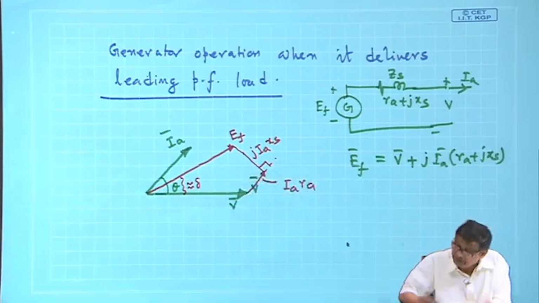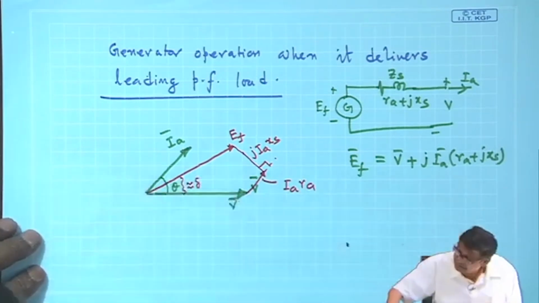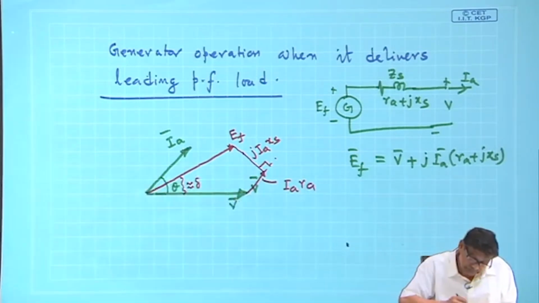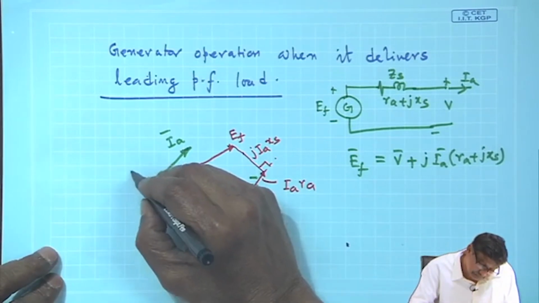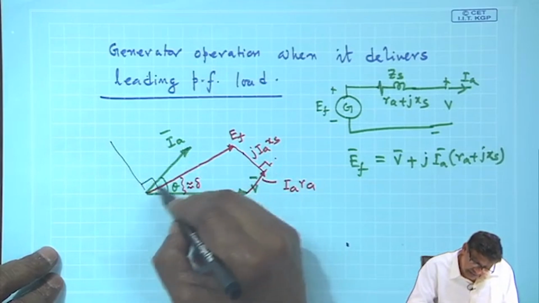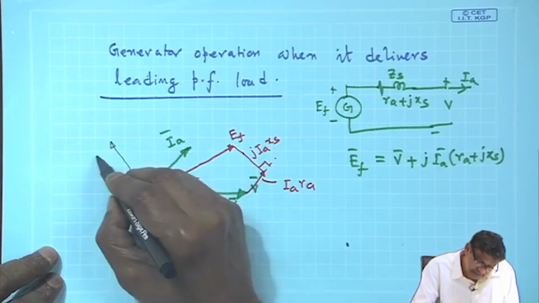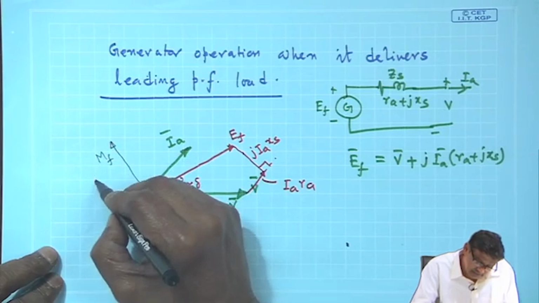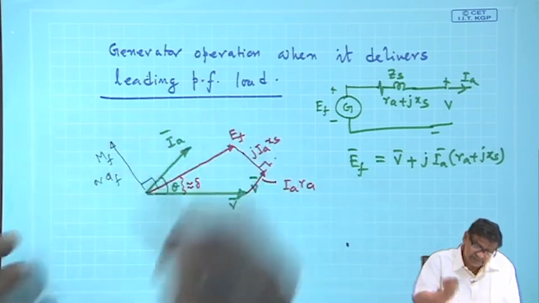Acha, now where is your phi F? Phi F is here. Perpendicular to this red line, here will be your phi F or MF, is it not? This will be MF.